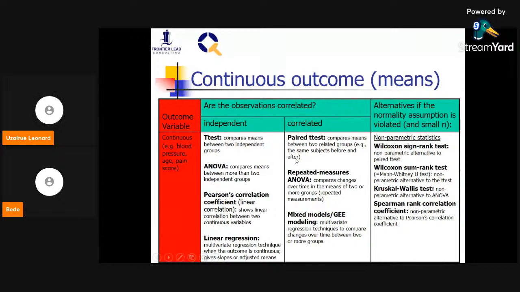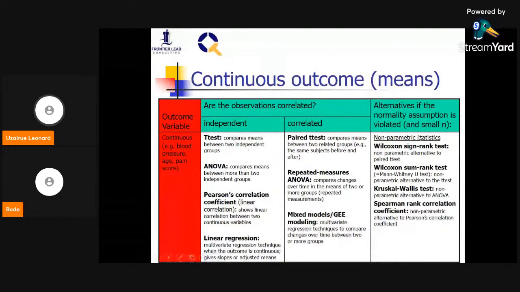Before and after, just like when I used the example earlier. It's the same group, the same individuals you are looking at, but in this case you are trying to check before they eat and after they eat. So that's that. Now these two tests are parametric tests.